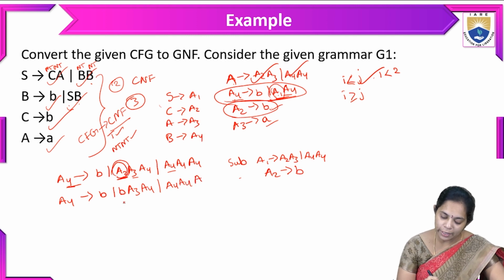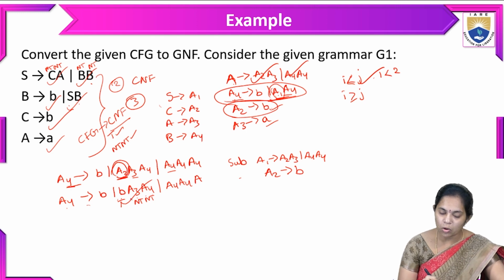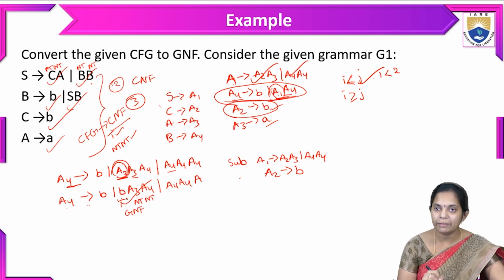And if you observe this production rule, A4 tends to terminal and non-terminals are there. Terminal, non-terminal. So we don't want to change this. It's already satisfying the condition of GNF, Greibach normal form. So we are leaving it like that, and here we observe A4 is there and here A4 is there.